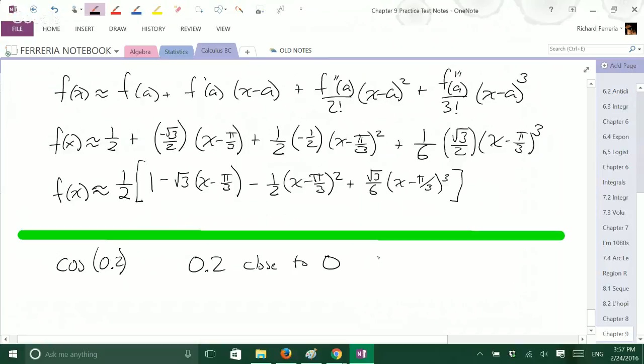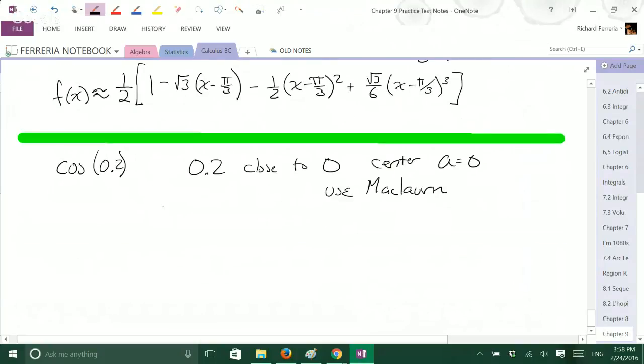So we're going to center at 0. All of that means we can use the Maclaurin polynomial. And you don't have to go from the ground up. You don't have to take derivatives because we're going to center at 0. So all we've got to use is a Maclaurin polynomial for cosine centered at 0.